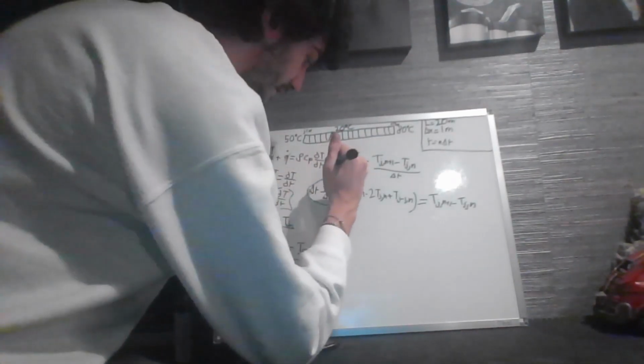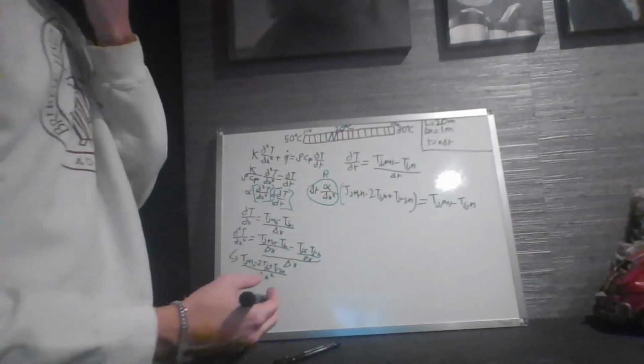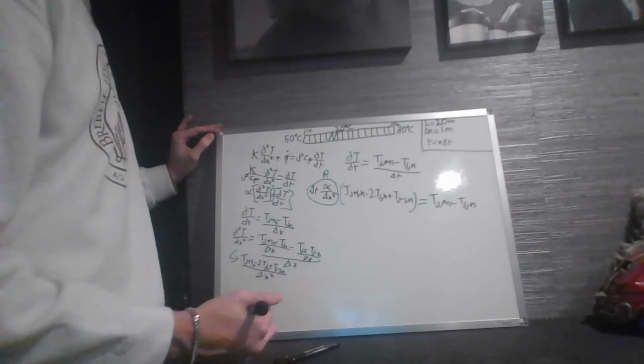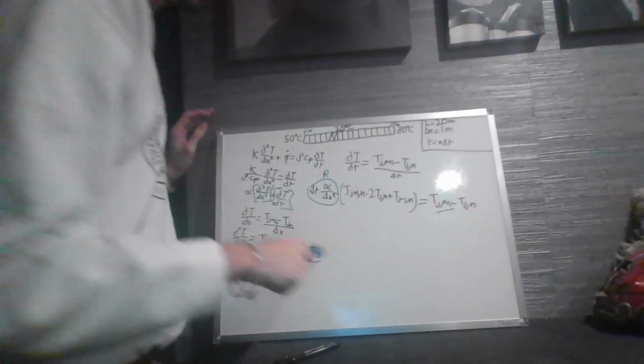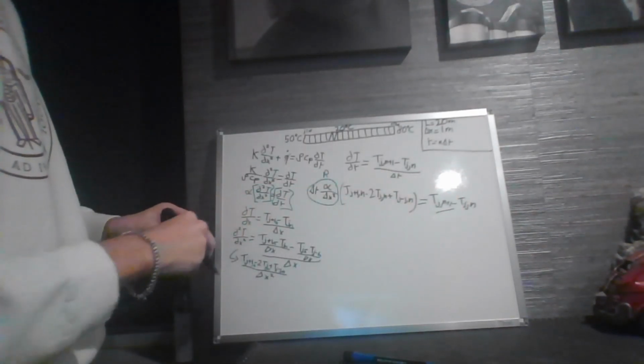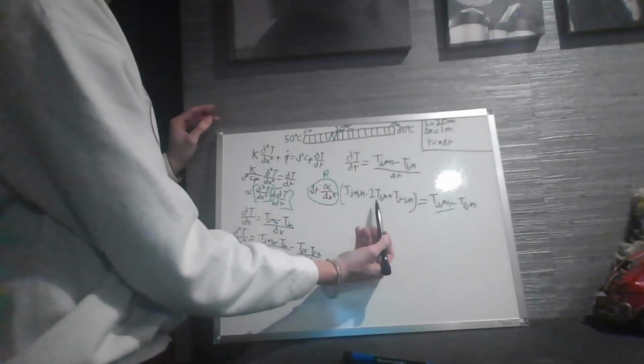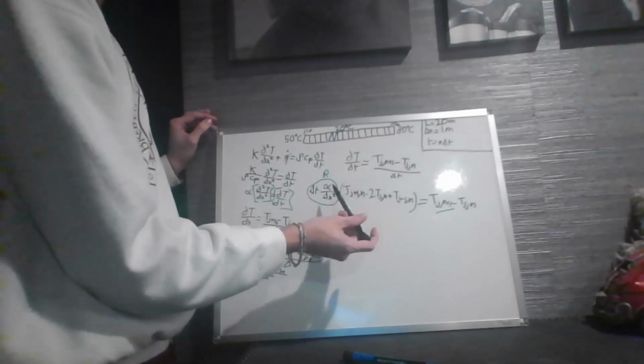So I'm going to rewrite this as the value of r and multiply it out so that we get an answer just for this value, right? So if you multiply this out, and we have to add this back onto this other side, you see that T j at time n is equal to this, right? So we're going to have negative 2r, and we're going to have plus 1, right?